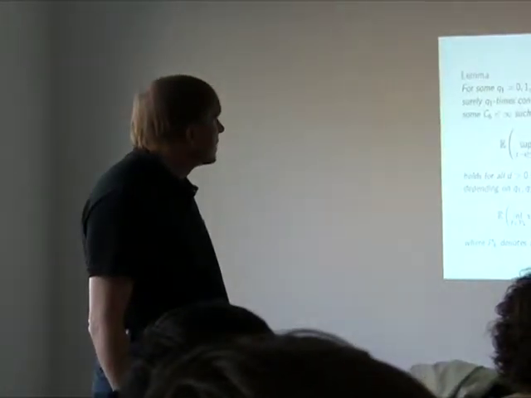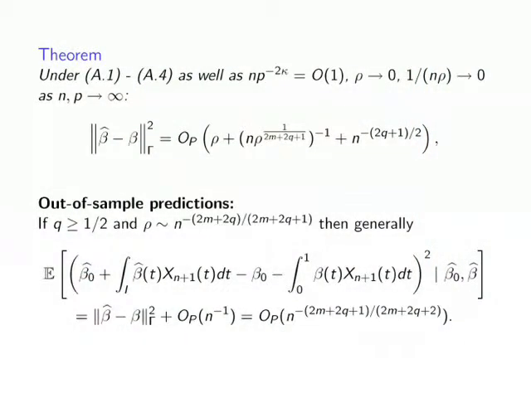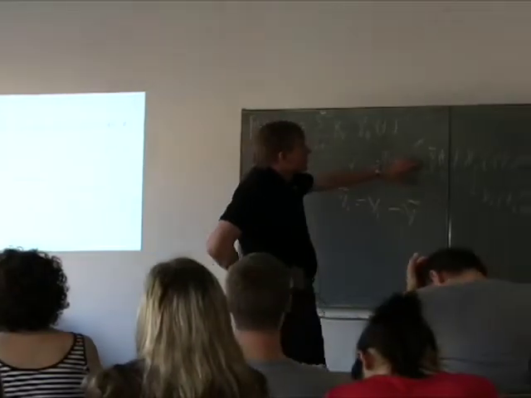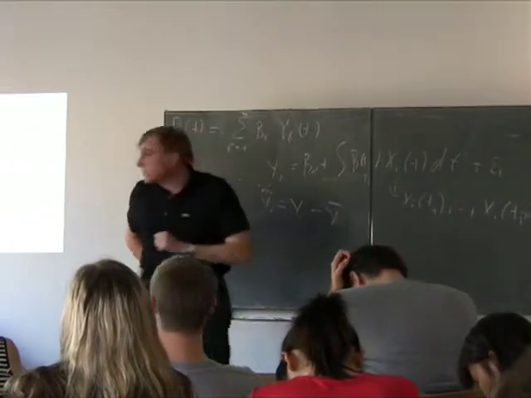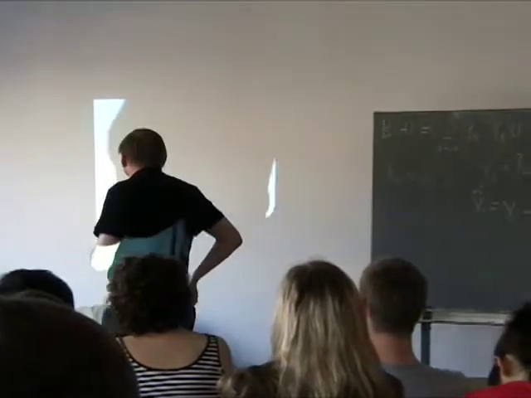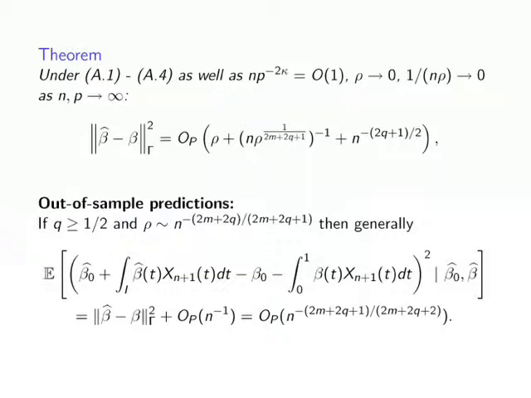Okay, and so now what we get is the difference between beta hat and beta in this gamma norm, which is just a prediction error. The difference between essentially the integral of beta hat times x n plus 1 and the true beta is of order rho plus something like 1 over n rho to the power of 2m plus 2q plus 1.